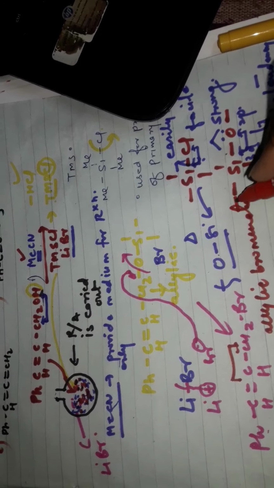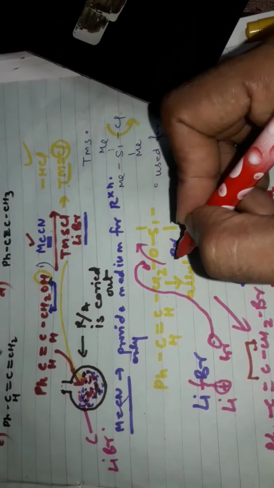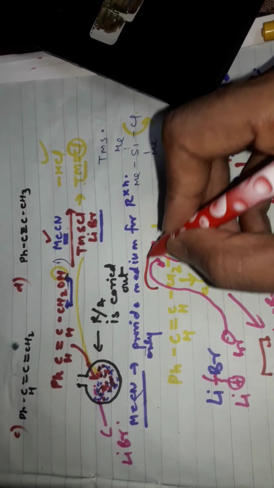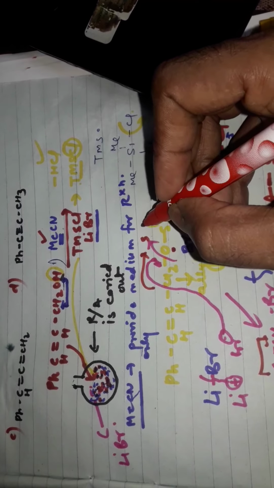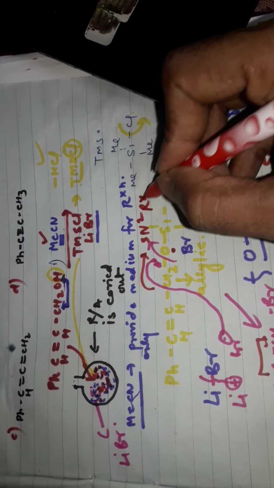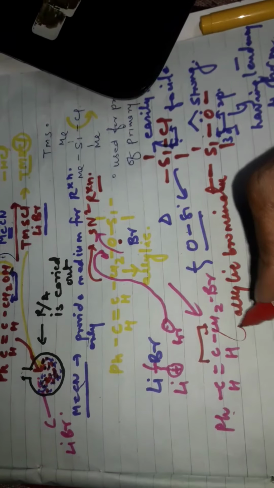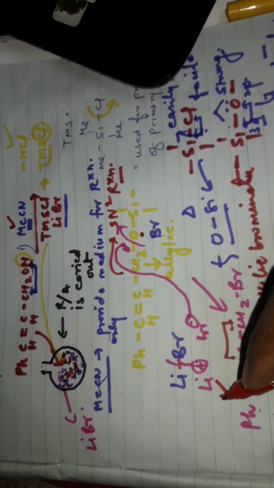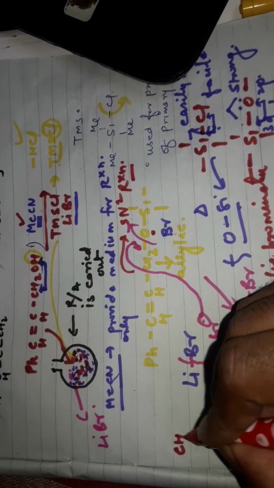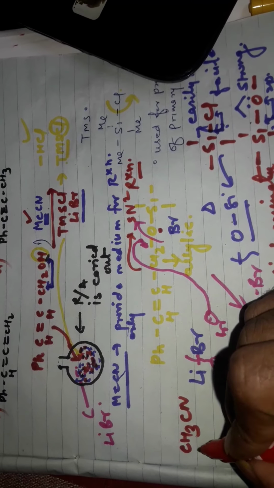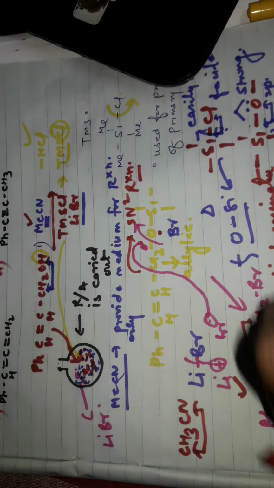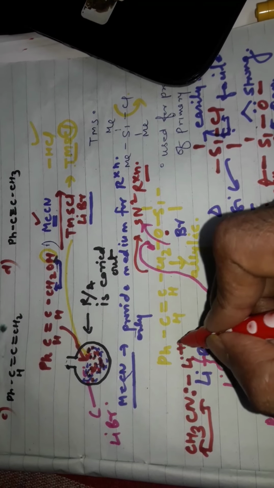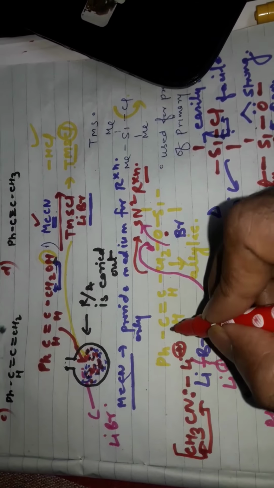And the other point is that in this the reaction is a backside attack, so it is an SN2 reaction. After that, lithium goes and forms a complex with the solvent, because there is a lone pair, so it forms a complex with lithium plus in solution.